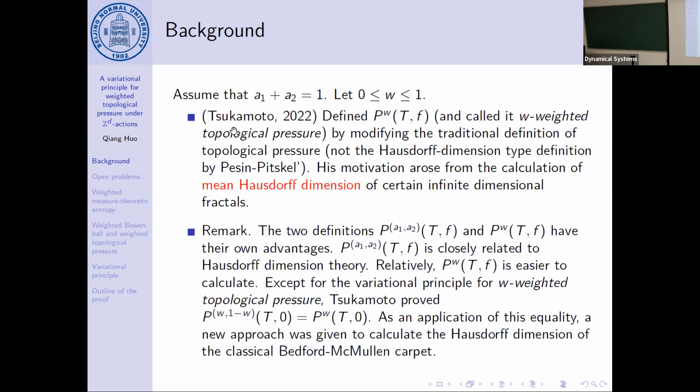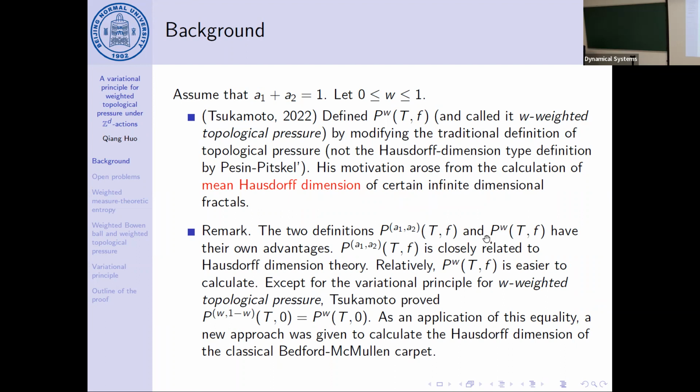And I want to make some remarks on the last two definitions. This one is by Feng and Huang, we call it A1, A2 topological pressure, and this W topological pressure is by Tsukamoto.